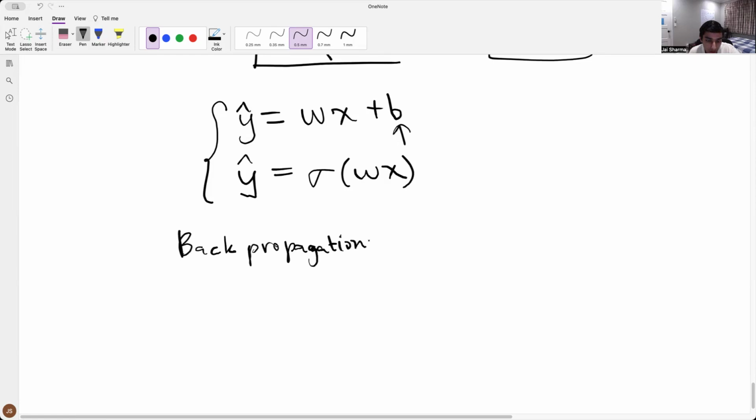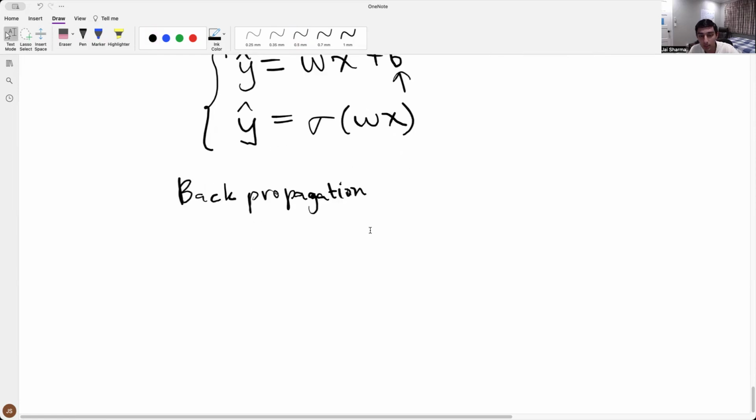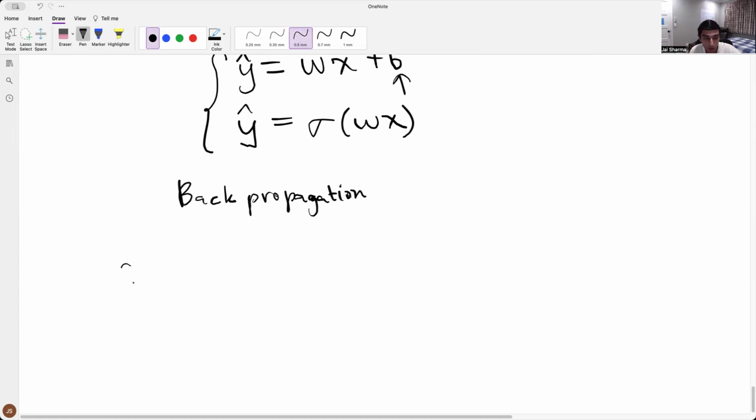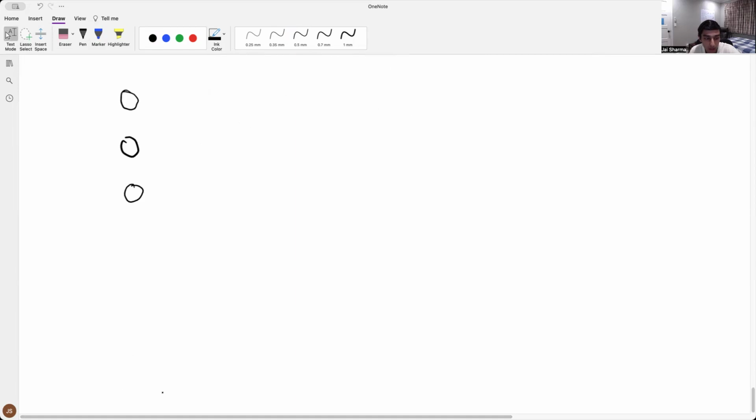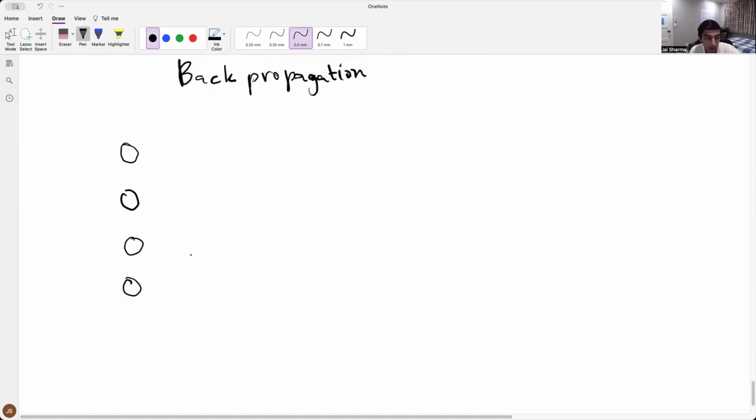Essentially what this means is that you have a neural network which takes in a couple of inputs, and then it has a couple of intermediate nodes, and then it has a final node, let's say, or maybe even two final nodes. So we have y1 and y2.